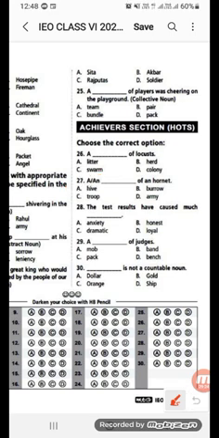Now, number 28. The test results have caused much anxiety. Why anxiety? Because it's a feeling of worry or fear, especially about the future. So the correct answer will be anxiety.